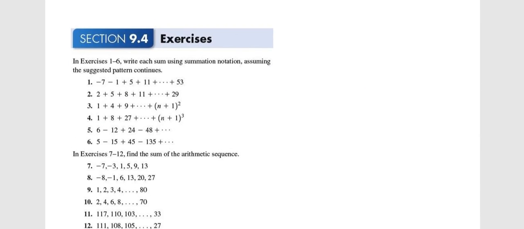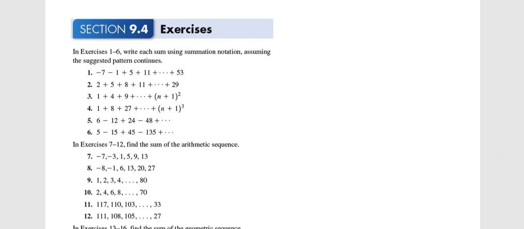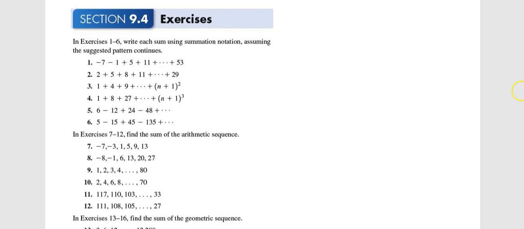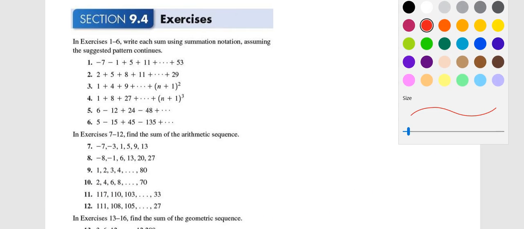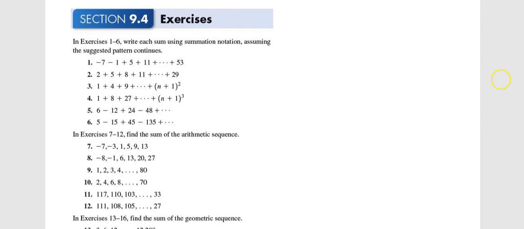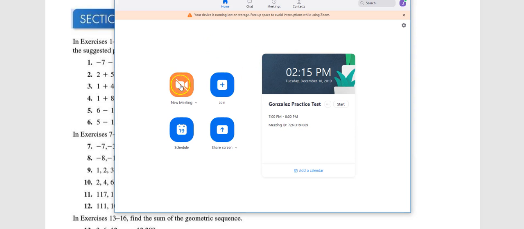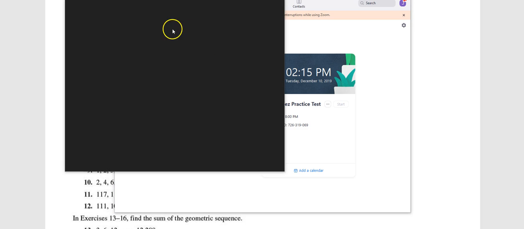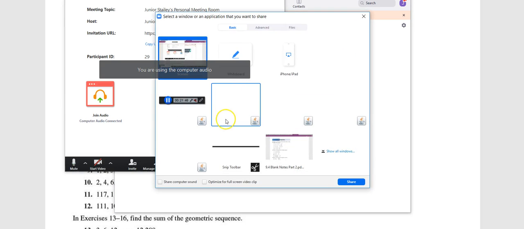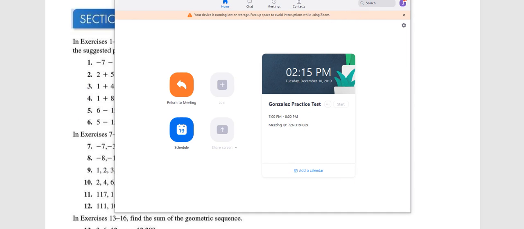Okay, it's time to practice. All right. We're doing homework, so those of you not writing things down, I don't quite understand that thought process since we're working on this together.